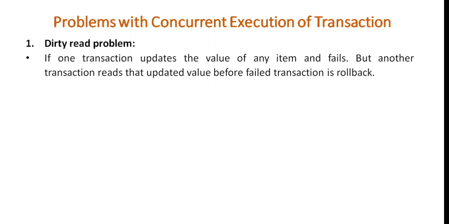So if a transaction has updated the value of some item, some variable, and after updating it the transaction fails, then we need to roll back that transaction. But before rollback, if that updated value is read by another transaction, then it is called the dirty read problem.